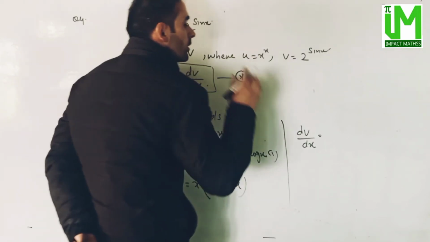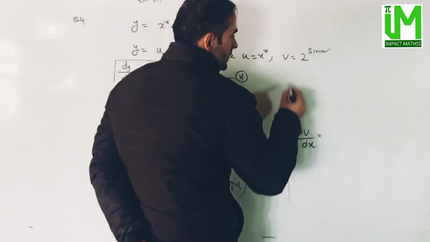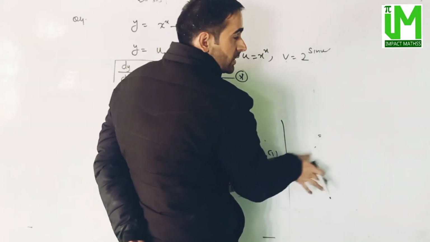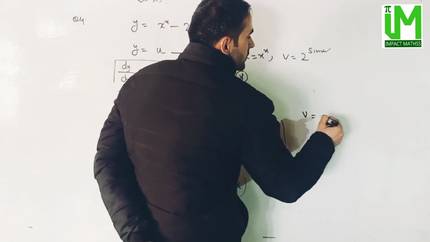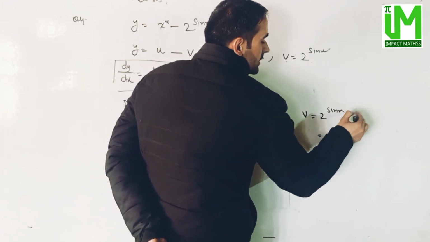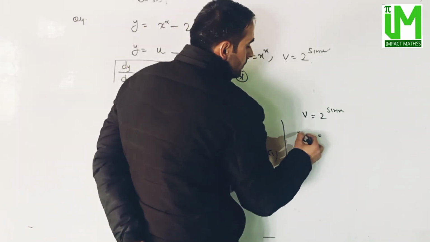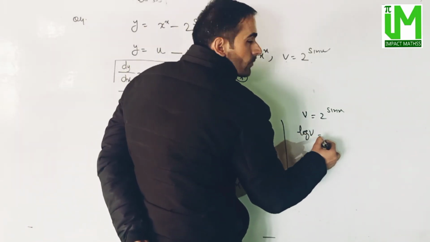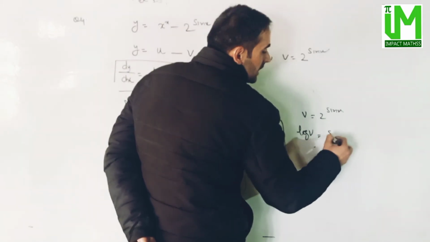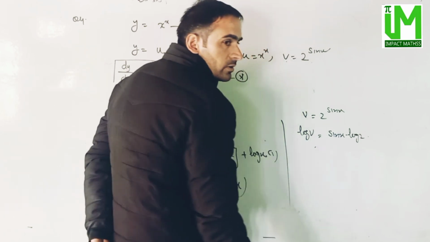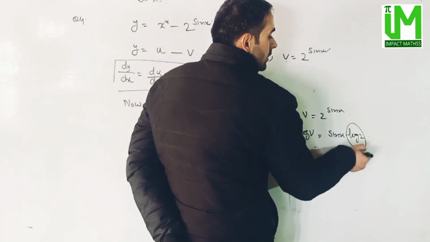With log, we write v is equal to 2 raised to power sin x. Taking log both sides, log of v is equal to sin x into log 2. But log 2 is a constant.